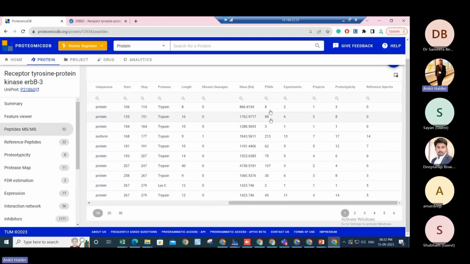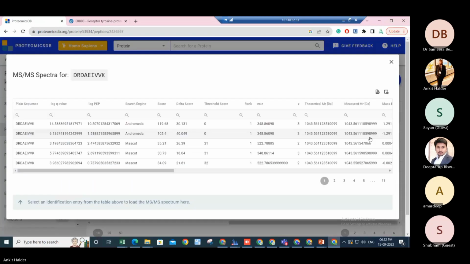Then PSMs, the peptide spectral matches, and the experiments, the projects, proteotypicity, and the reference spectra. If you have certain spectra, you can see these are the spectra that are present.